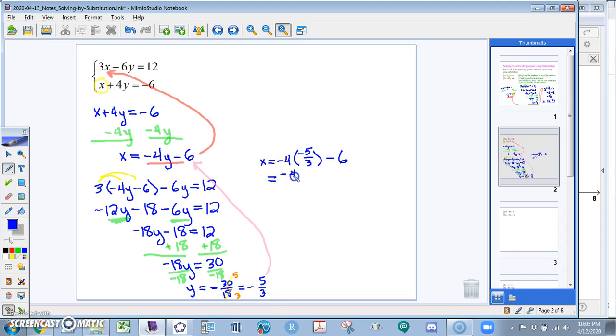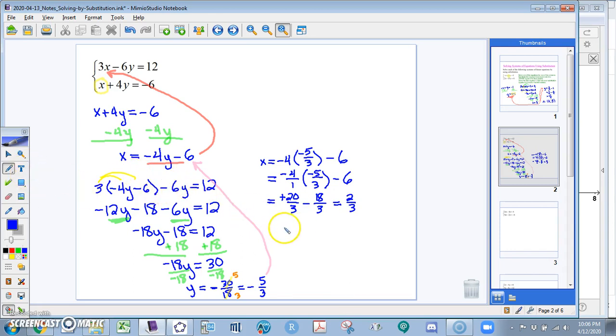That's really negative 4 over 1 times negative 5/3 minus 6. Negative times negative is positive, so positive 20/3. Then I have to convert 6 into thirds. 6 is 18/3, because of course 18 divided by 3 is 6. And that gives me 2/3 when I subtract the numerators.